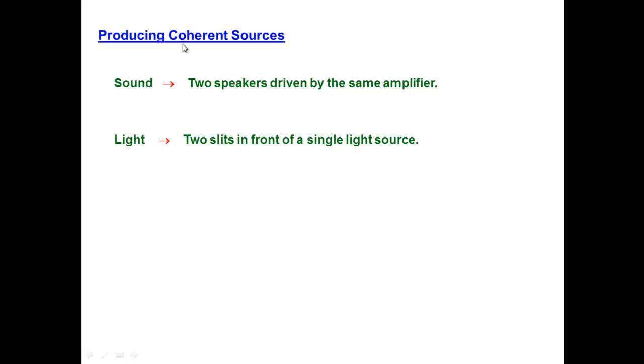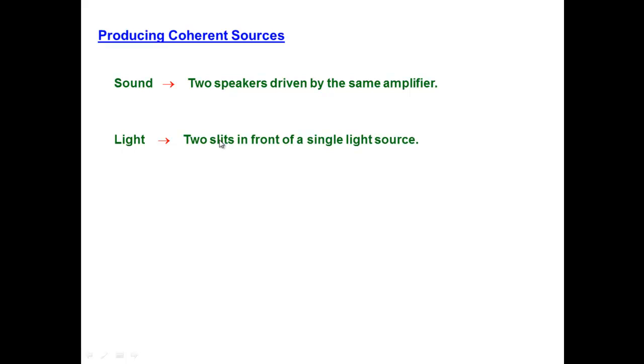As we said, there are two ways of making sure that the sources you have are coherent. If the sources are sound waves, we just make sure the two speakers are driven by the same amplifier. One way to do it with light waves is to make your sources be slits in an opaque screen, so that the light that goes through those slits comes from the same original light source.